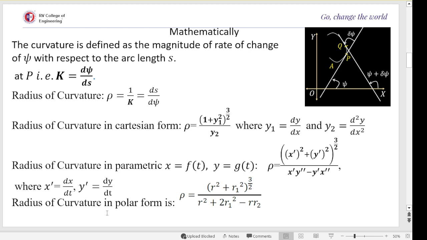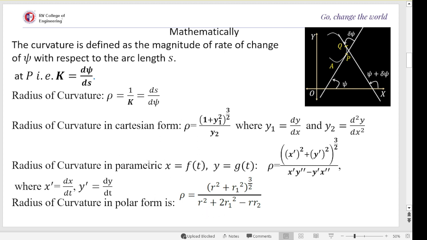Radius of curvature in polar form is rho equal to (r square plus r1 square) power 3 by 2 divided by (r square plus 2 r1 square minus r r2), where r1 and r2 are the first and second order derivatives of r with respect to theta.